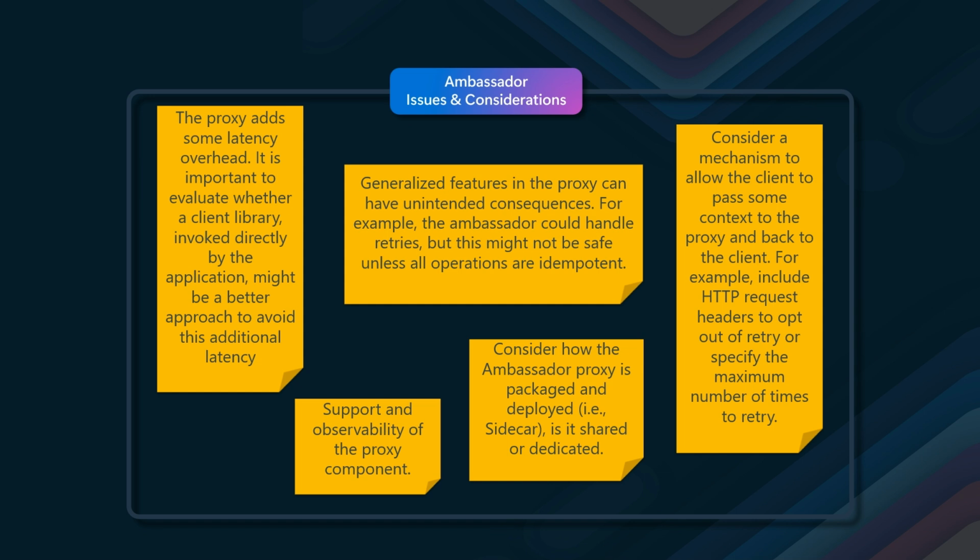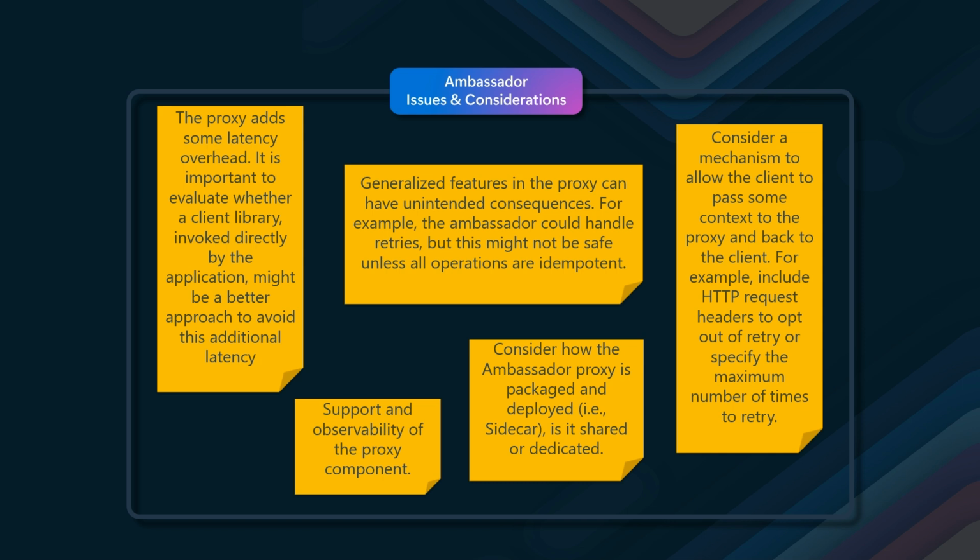The proxy can have generalized features. Including generalized features in the proxy can have unintended consequences. For example, the ambassador could handle retries, but this may not be safe unless all operations are idempotent. Ensure that the features implemented in the proxy do not introduce risks or conflict with the application's requirements.